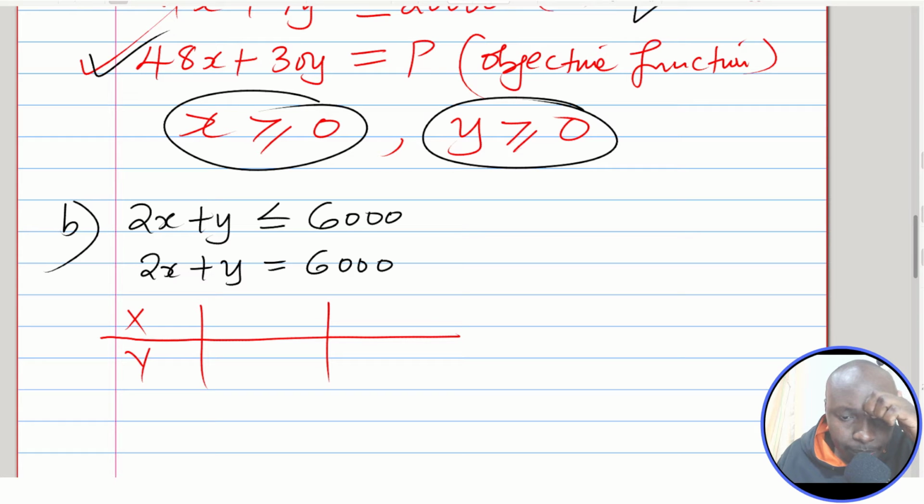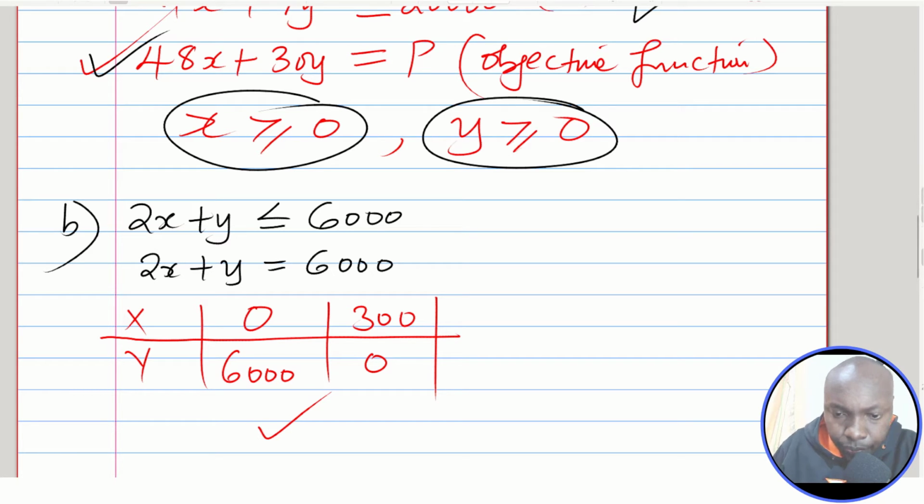When x is 0, y will be 6,000. And if we let y be 0, x will be 3,000. So we're going to use these two to draw that line. 2 points are enough, but you can use another one for confirmation.